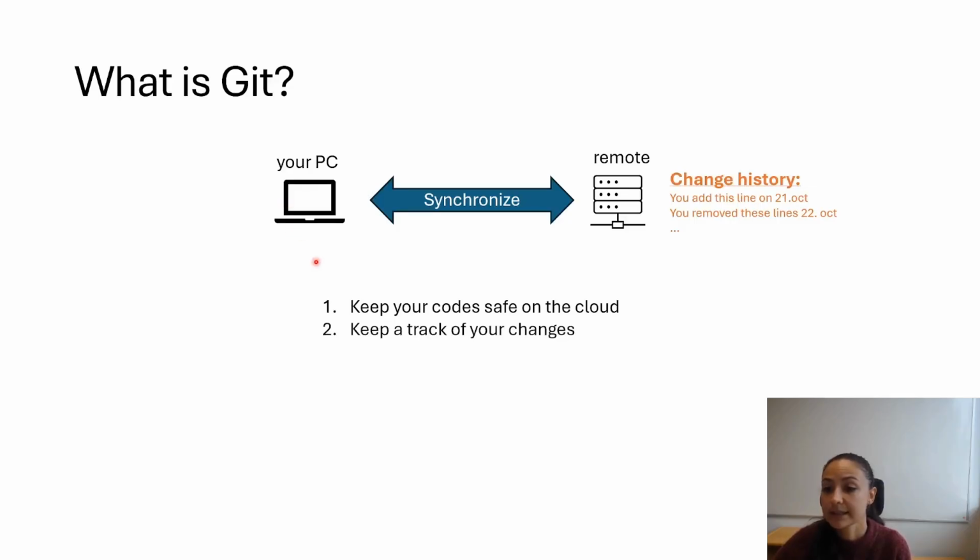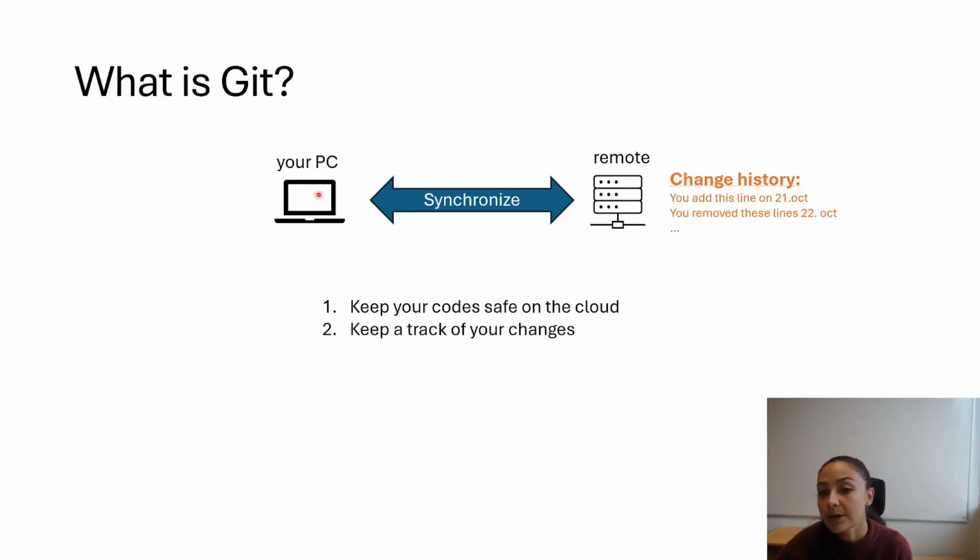The second reason is to keep track of your changes. As I said, you might use OneDrive, Dropbox or any other cloud services, but keeping track of your history is a little bit counterintuitive on those platforms, and it's not that visually helpful, so to say.